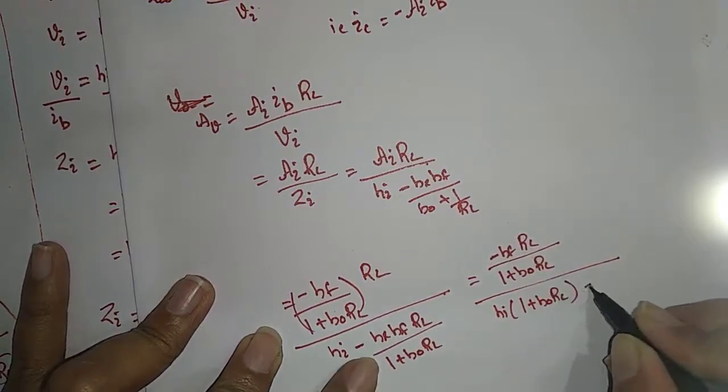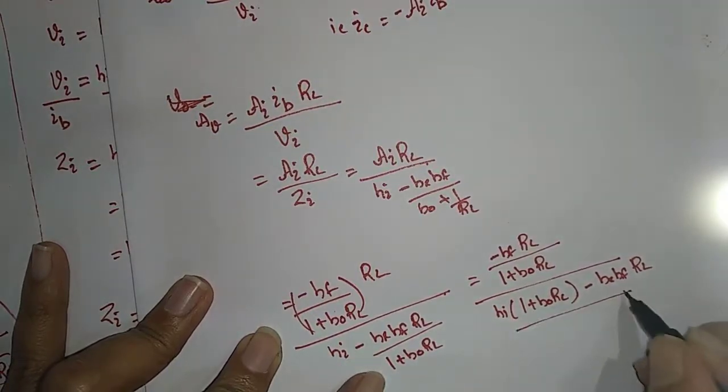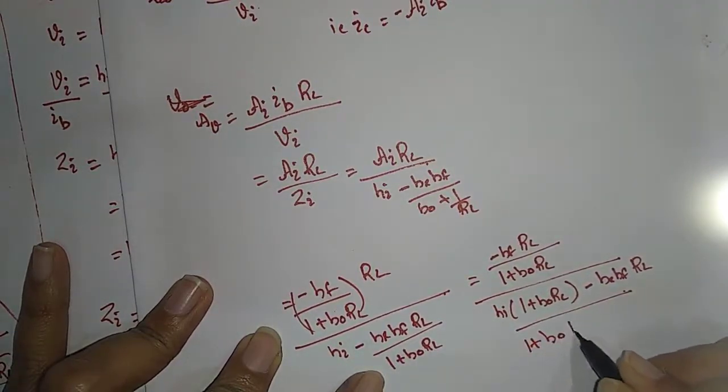I have taken the LCM, minus Hr Hf RL divided by 1 plus Ho RL.